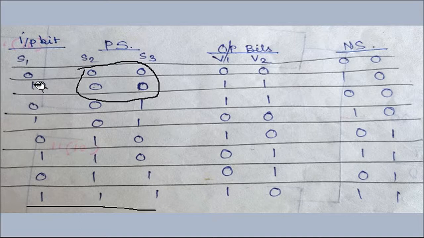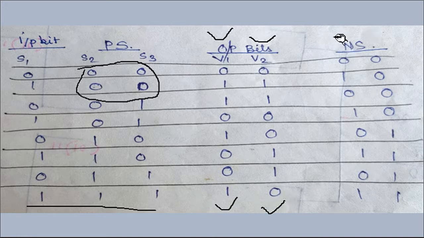So the next states are 00, 01, 10, and finally 11, and for each case 0 1 has to be repeated. The output bits are prepared from XOR operations: V1 is obtained from the XOR of S1, S2, S3, and V2 is obtained from the XOR of S1 and S3. This is the result for the V1 V2 column.